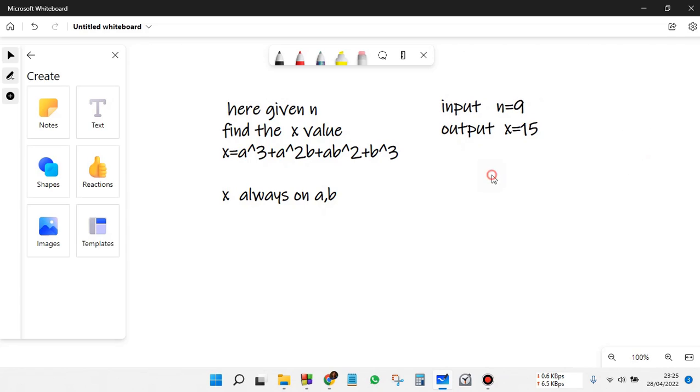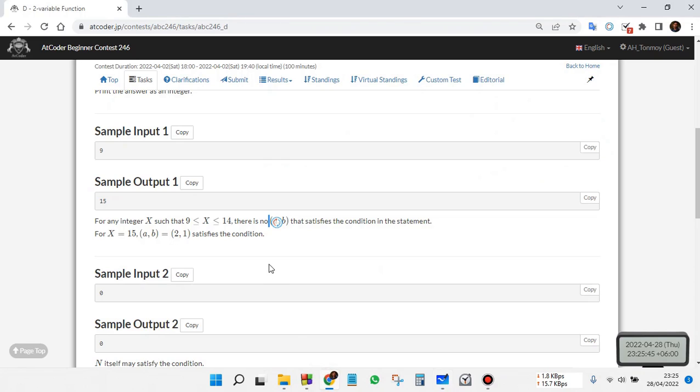From the question we also know that the a value is 2 and the b value is 1.